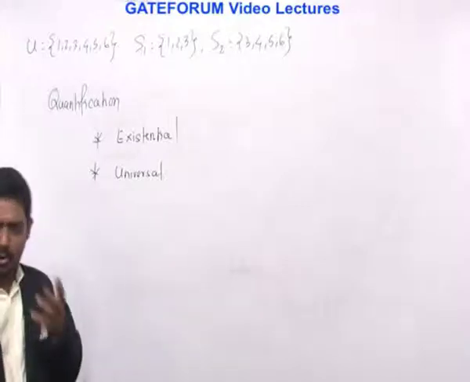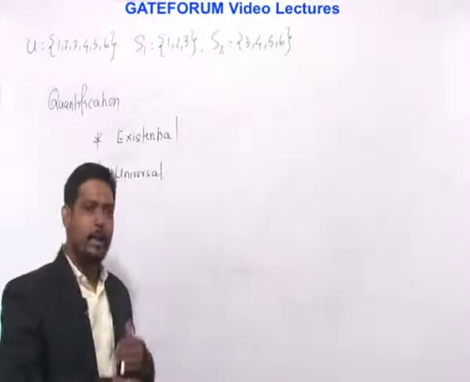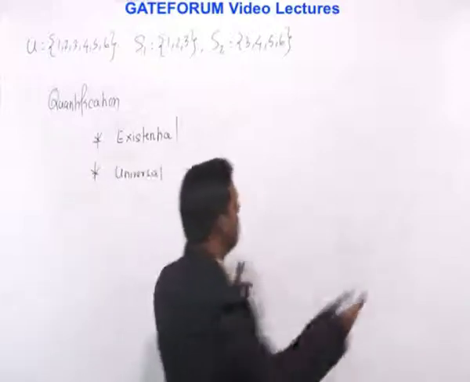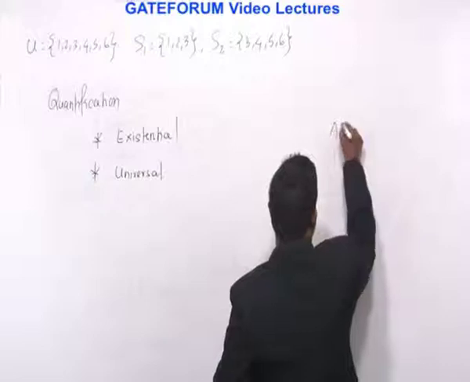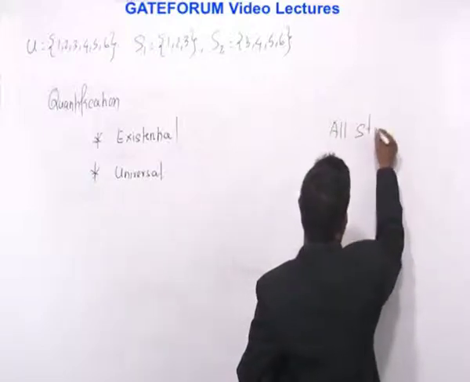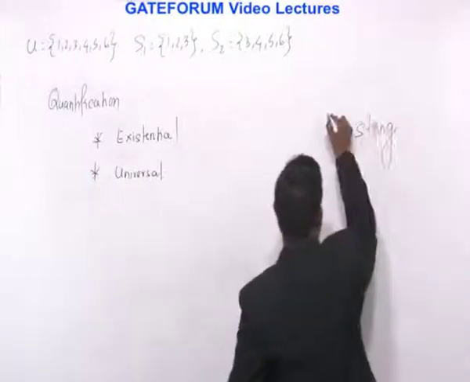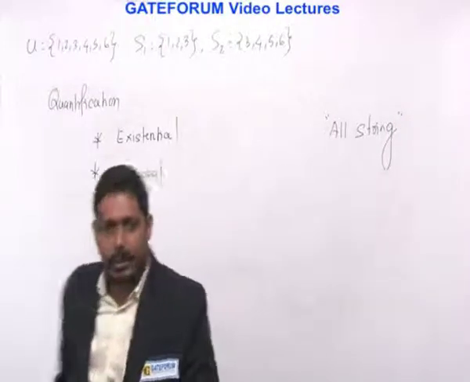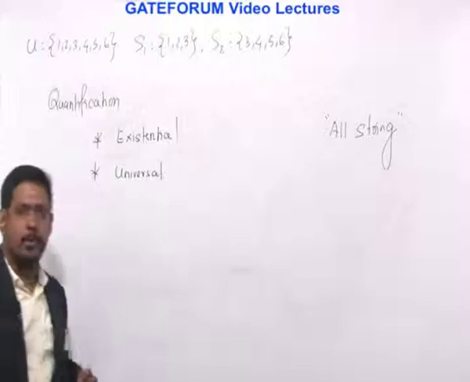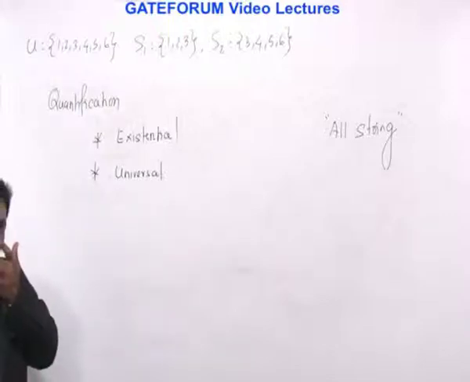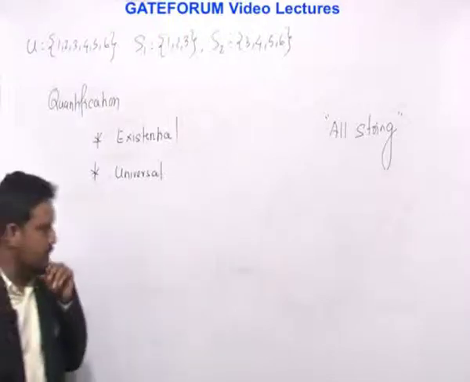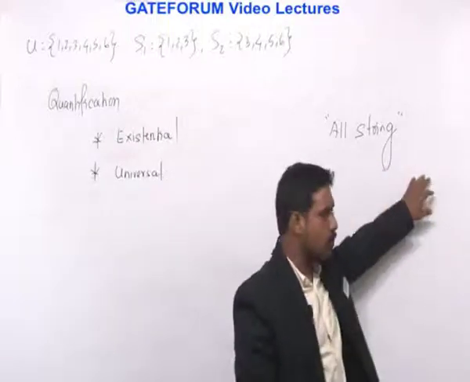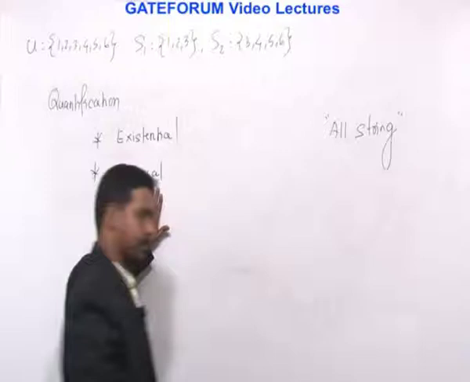But the most common term that you will get going through GATE questions related to theory of computation is "all string." When we say all string, this quantification is a universal quantification.